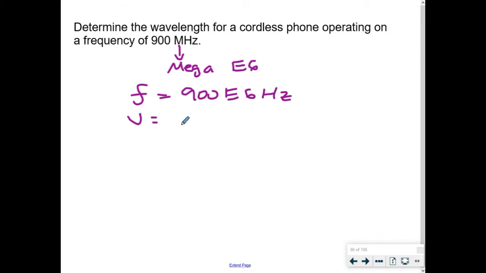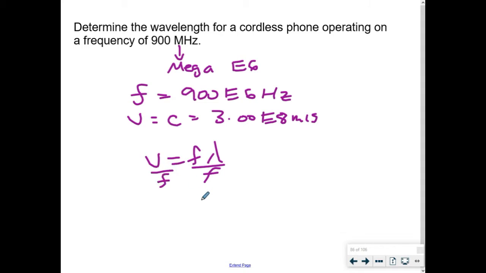But what's the velocity of this going to be? Well, the speed of light, so that'll be 3.00 times 10 to the 8 meters per second. Using my formula, velocity is equal to frequency times wavelength, if I want to solve for the wavelength, I'll have to divide both sides by frequency and get V over F. The speed is the speed of light, and my frequency was 900 times 10 to the 6.